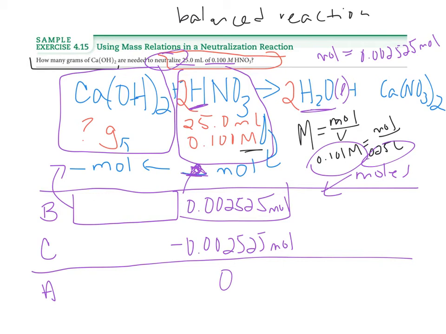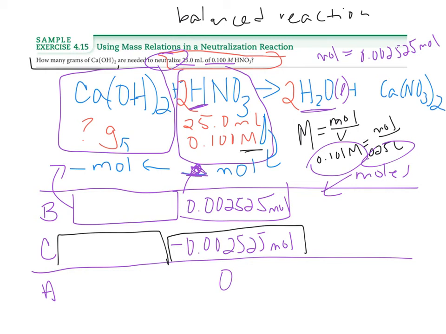Now the question is, if this is the amount that's going to react of the nitric acid, then how much will react of the calcium hydroxide? Well, they're going to be in a 2-to-1 ratio. So if this many reacts of the nitric acid, 1/2 of that's going to react of the calcium hydroxide.